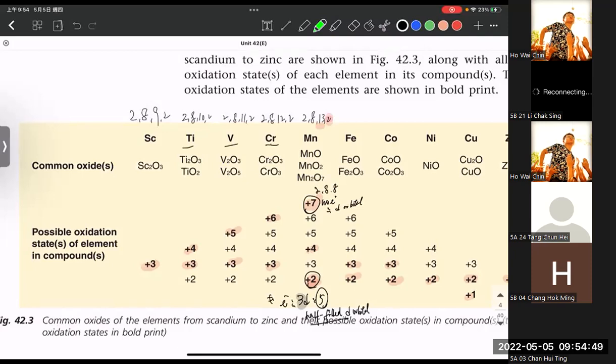That's +7, just a ceiling for manganese. So of course, chromium is +6, vanadium is +5, titanium is +4, and scandium is +3, because the number of electrons remaining in the d orbitals to be removed together with the 4s orbital is just that limit. Can you get the point? So you may have this type of thinking in mind, which helps you better understand what is happening.